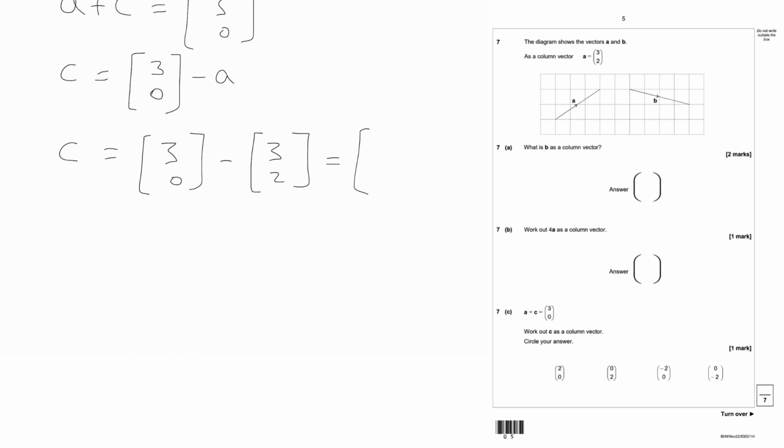So if we subtract the x element of each column vector, we have 3 minus 3. And if we subtract the y elements, we have 0 minus 2. So 3 minus 3 is 0, 0 minus 2 is minus 2, so C is equal to the column vector 0, minus 2.